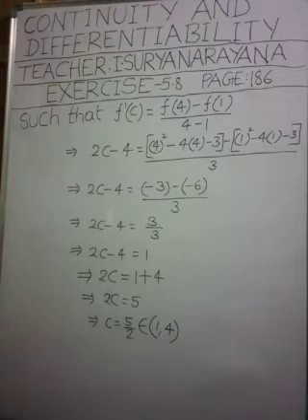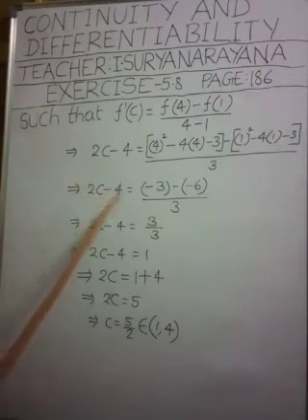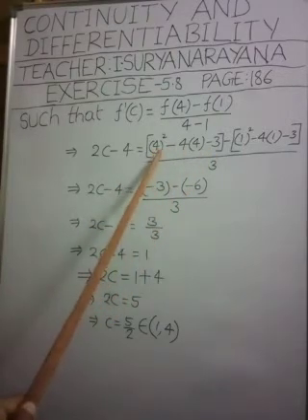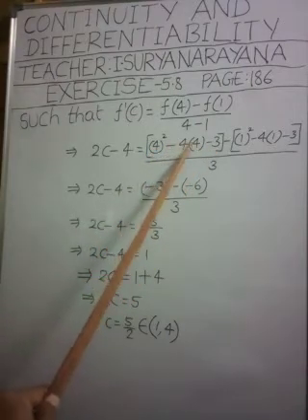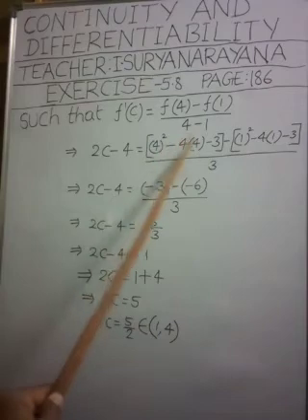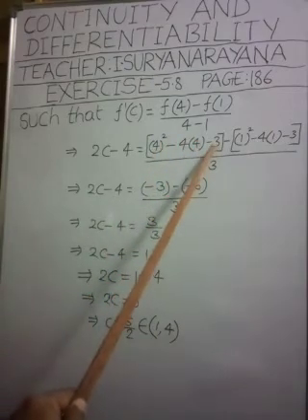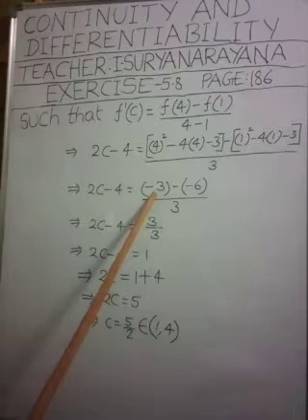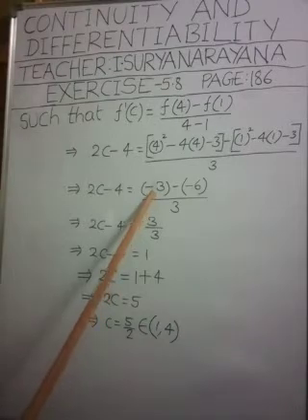Right. This implies 2c minus 4. We wrote LHS as it is, equal to, in RHS, in the numerator, we are simplifying this first term. What will you get here? 16 minus 4, 4s are 16. So these two terms get cancelled. What will be the term left here? Minus 3. So I wrote here. Understood this first term, my children? Right.